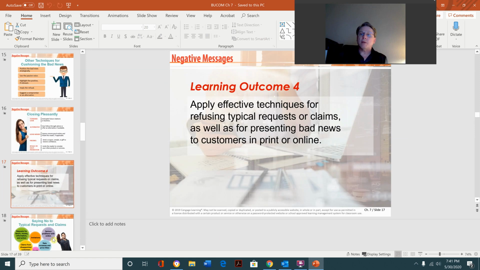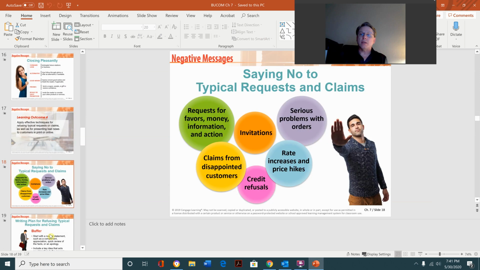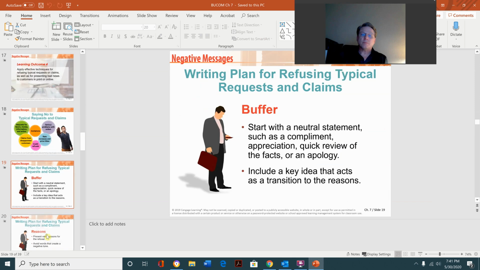Okay, learning outcome 4: apply effective techniques for refusing typical requests or claims, as well as for presenting bad news to customers in print or online. Saying no to typical requests and claims: requests for money, claims from disappointed customers, credit refusals, rate increases, serious problems with orders or invitations.